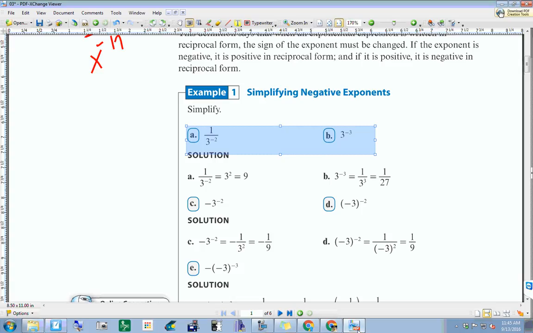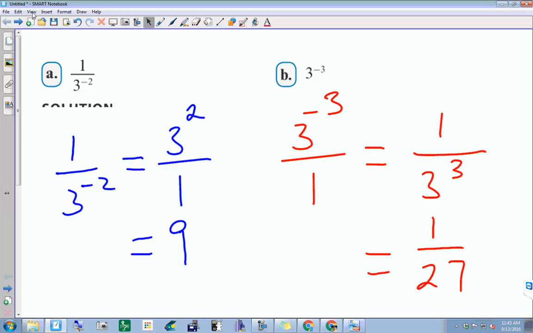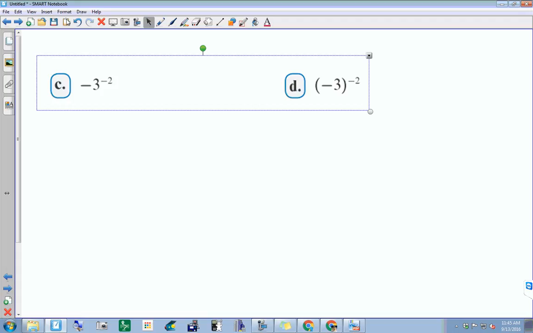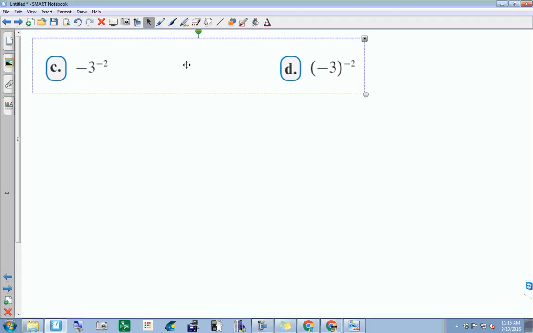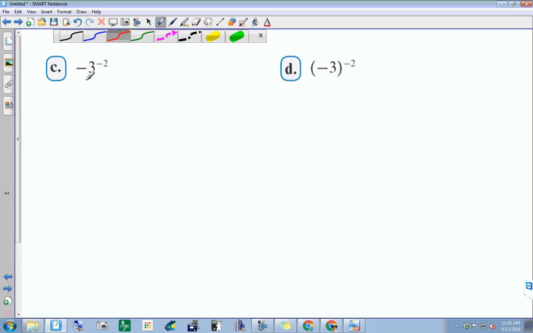Okay, so let's grab this one. Well, this negative is out in front of it, so it's just going to stay out in front. So this is going to be negative, negative what?